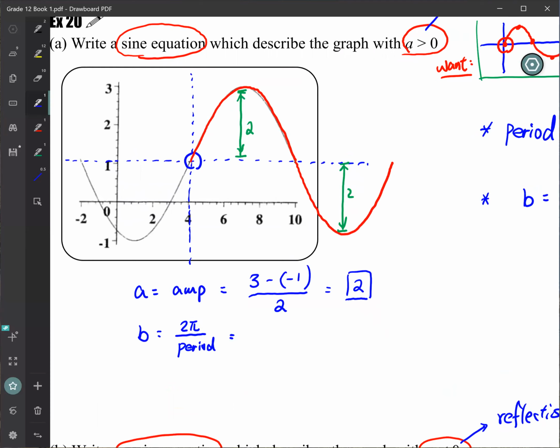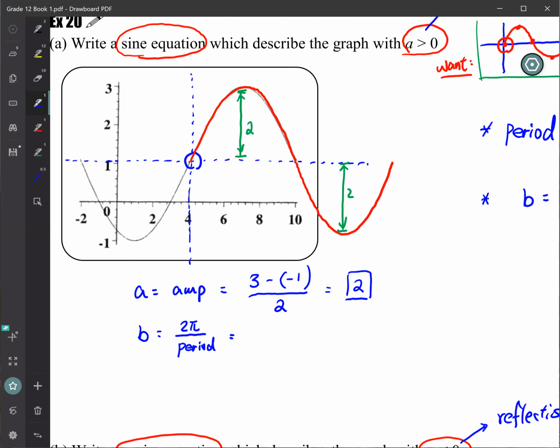One copy. Donna? 2 pi over 12. So the period is going to be 12. Period is 12.